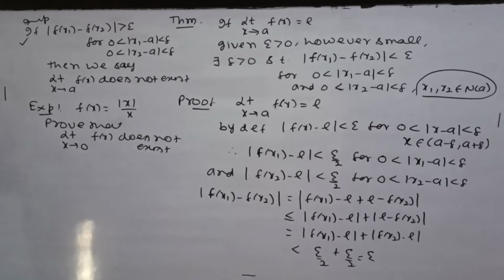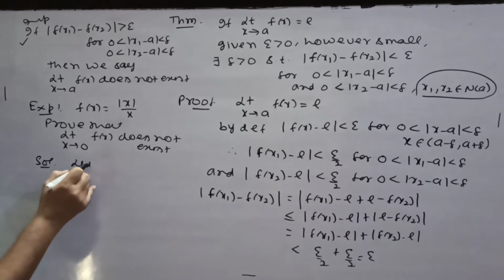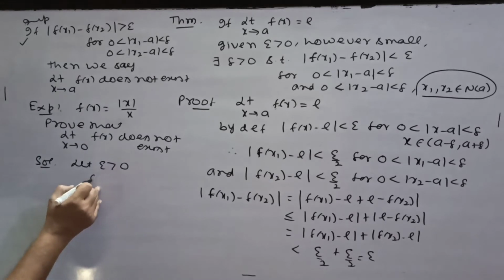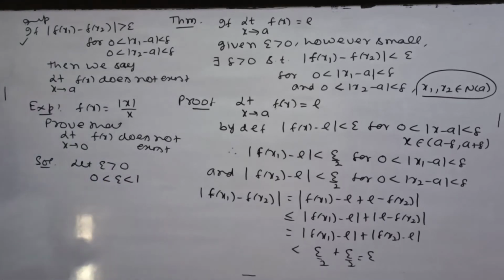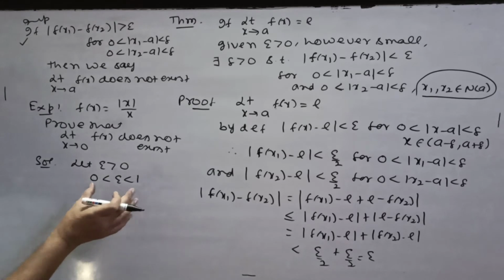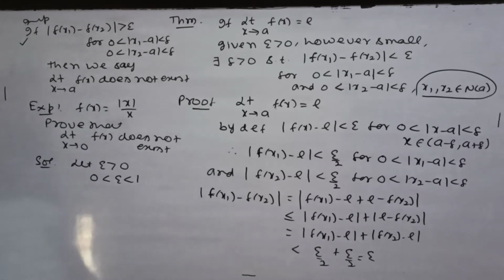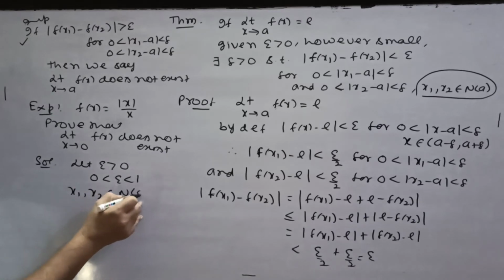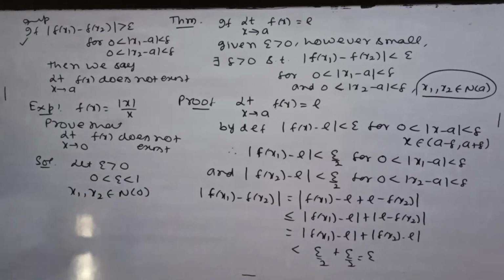So let epsilon be greater than 0. Epsilon is a positive quantity, very small, like 1/2, 1/3, so our choice is 0 < epsilon < 1. Since epsilon is a very small positive quantity, we take epsilon between 0 and 1. Then x1 and x2 belong to the neighborhood of 0.